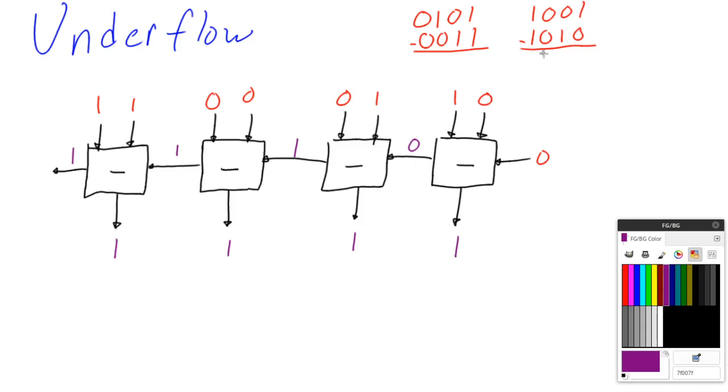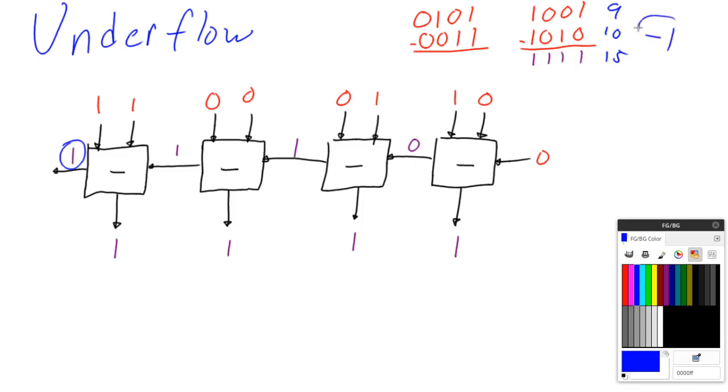Well, just looking at our difference, we've got 1, 1, 1, 1, and so what are these values here? Well, we've got 9 minus 10, and what do we end up with? We ended up with 15. What this looks like is a 15, but really it should be negative 1.